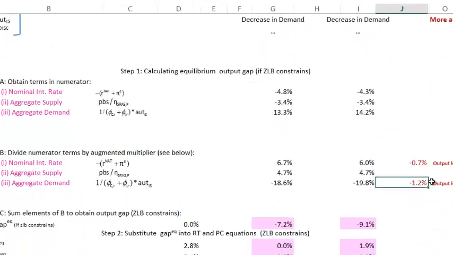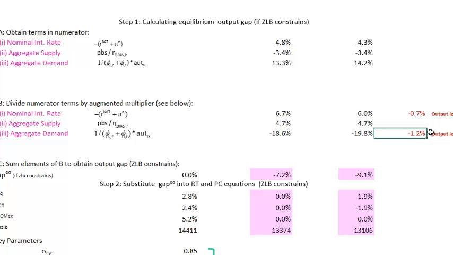So what we're saying here is that the multiplier is greater than 1. We had a 0.5% reduction in spending, and that resulted in a 1.2% reduction in the output gap.